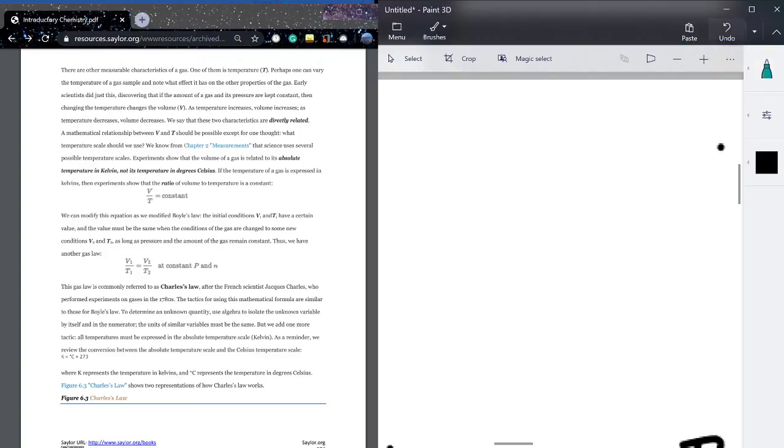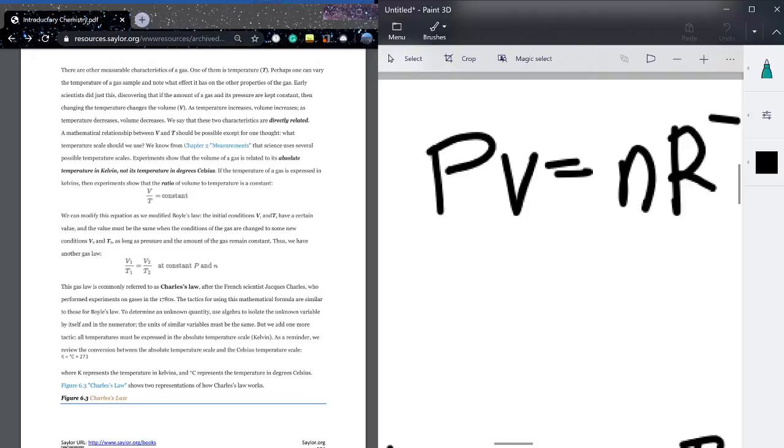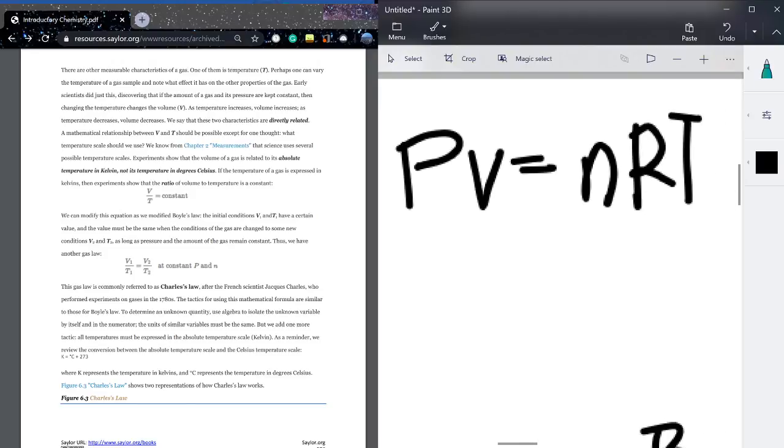So the law ends up being PV equals nRT. You've probably heard someone say "pivnert" before, and this is probably what they were referring to. So the different parts of this: P is pressure, V is volume.